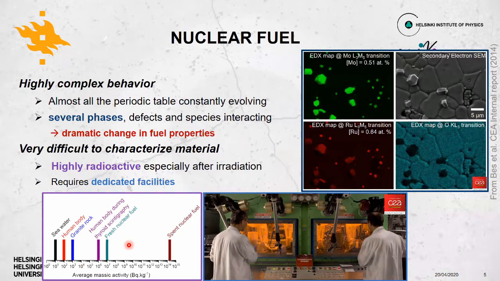But if you look at spent nuclear fuel, you have 7 orders of magnitude higher activity, which is, of course, making experiments on these materials more complicated. Usually, you have to use a telemanipulator to deal with such materials in a safe manner.